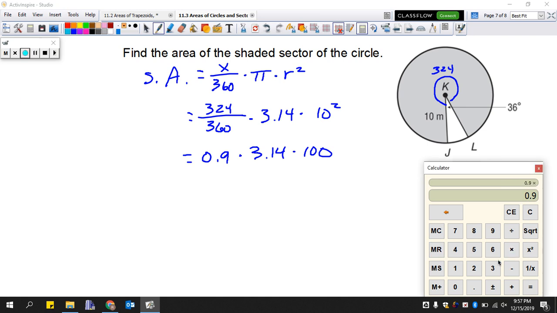Okay, so 0.9 times 3.14 times 100 gives us 282.6. So the area of the shaded part is 282.6 square meters. All right.